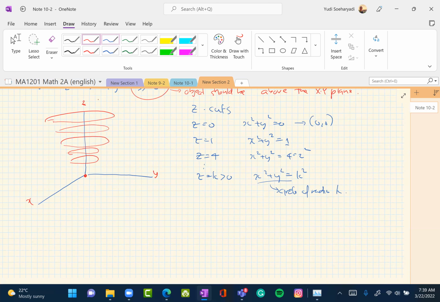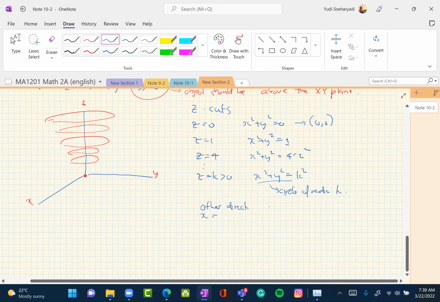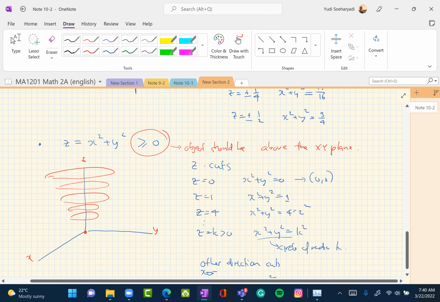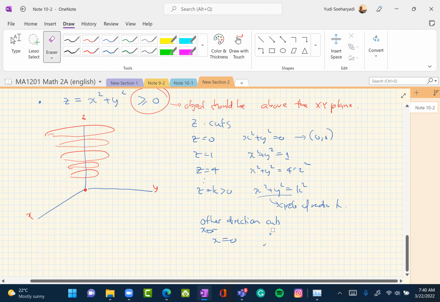Okay. In other directions, for example, when x equals 0, you get, sorry, what should be z equals y squared.